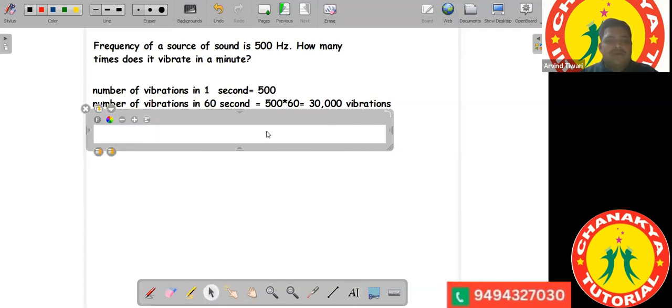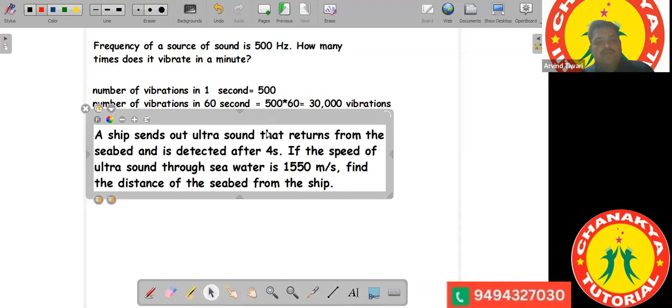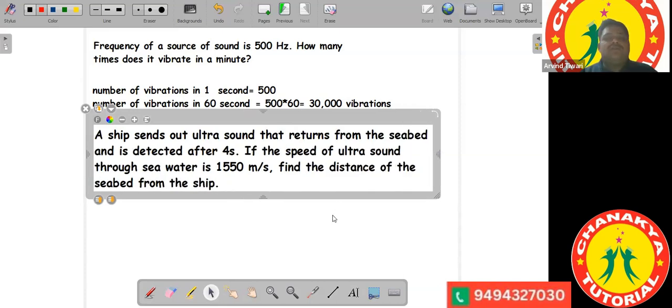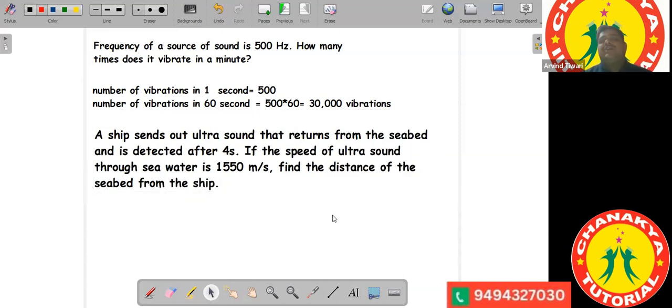Let's do this one now. Try to solve this. A ship sends out ultrasound that returns from the seabed and is detected after 4 seconds. If the speed of ultrasound through seawater is 1550 meters per second, find the distance of the seabed from the ship.